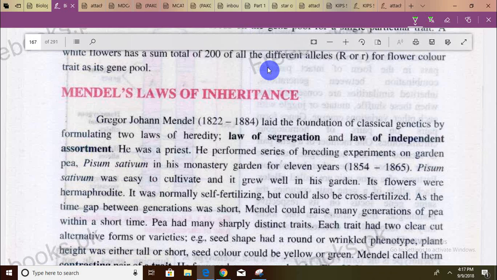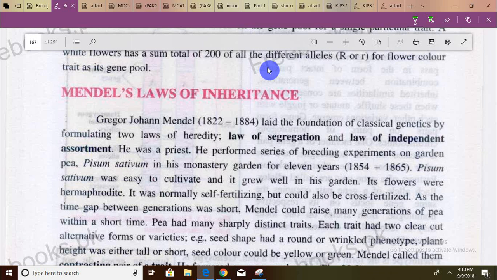That was the law of segregation, which we know from meiosis, along with independent assortment, where which of the 2 chromosomes we get is entirely random, something he theorized. And the whole probability: how to figure out the probability of gametes, and how many of the offspring had a particular trait.